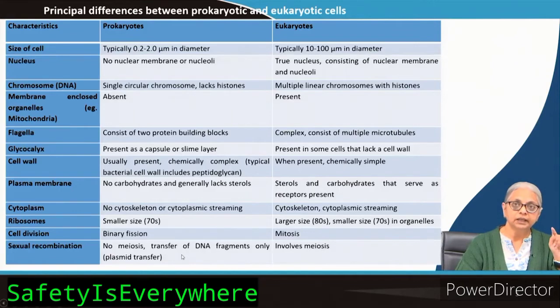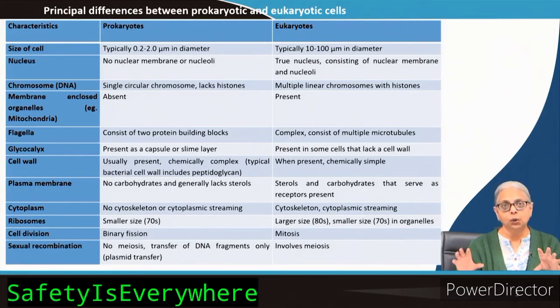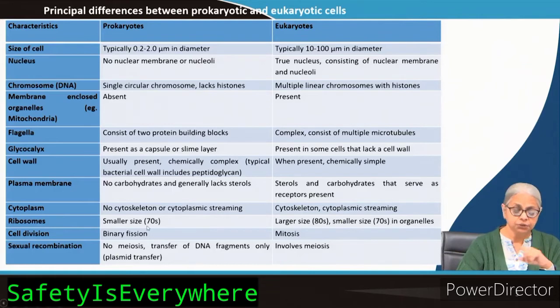However, the only exceptions that we do know about are the fact that there are certain plasmids, and these plasmids can be transferred from one bacterial cell to another, and that can result in sexual recombination, which means the DNA code of a particular bacterial cell can be altered, but it's not the same as the eukaryotic cell.